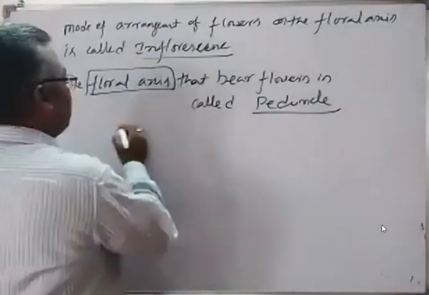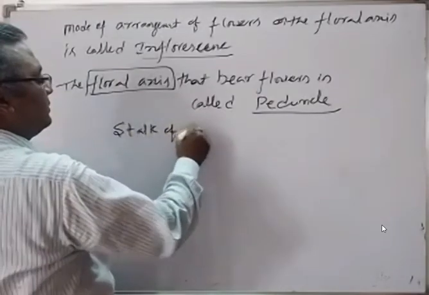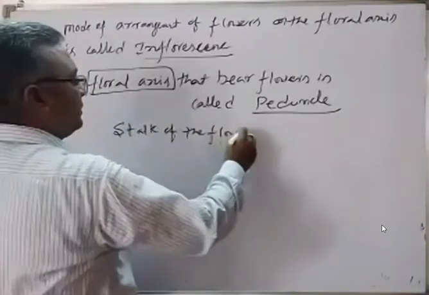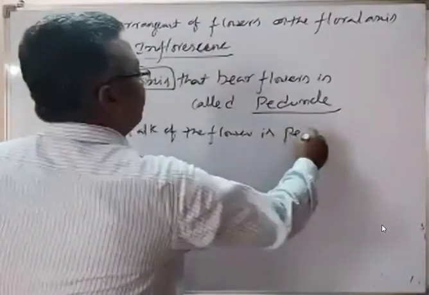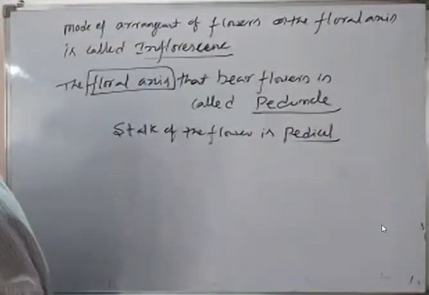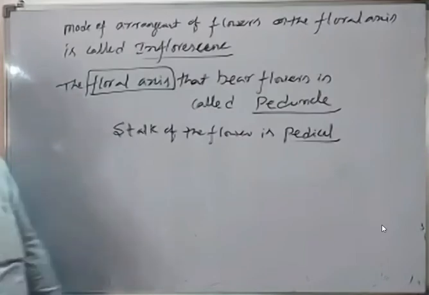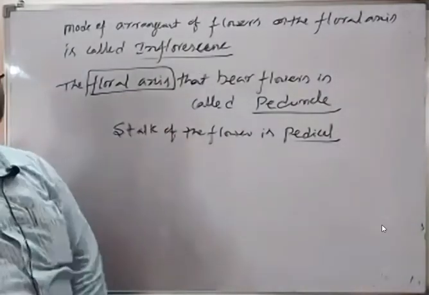Stalk of the flower is pedicel. Both are different. Stalk of the flower is pedicel. And floral axis is peduncle.